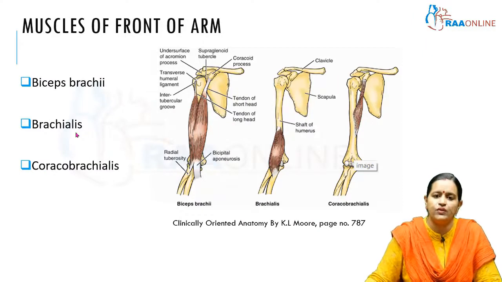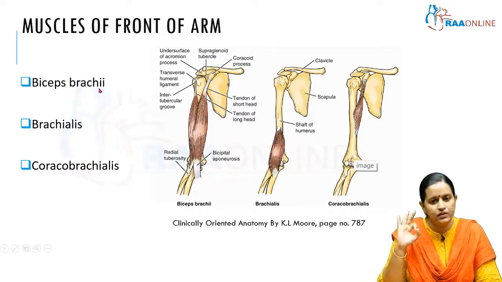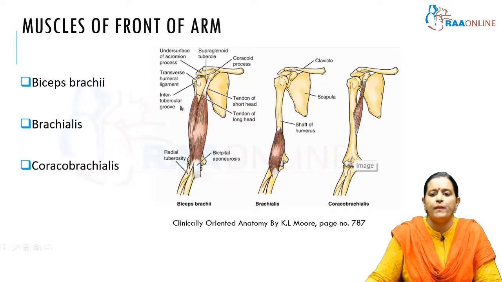Which are the muscles of front of arm, or in other words, the flexor compartment of arm? There are three muscles. They are biceps brachii, brachialis and coracobrachialis. So what is common to all these three? You can find the term brachii. Why? The term brachium means arm.